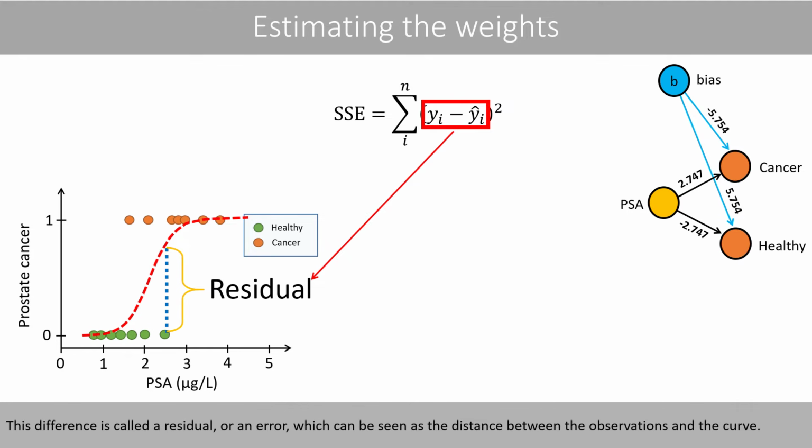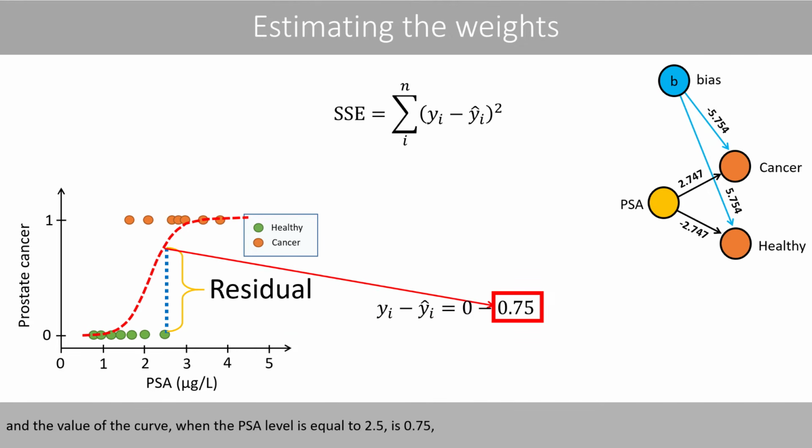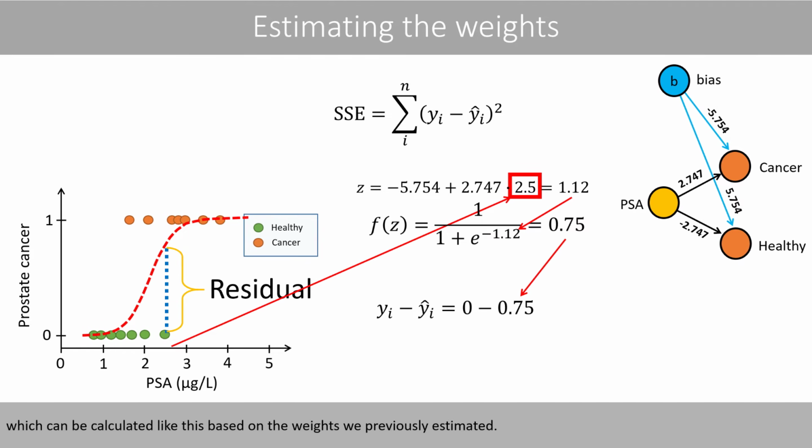This difference is called a residual, or an error, which can be seen as the distance between the observations and the curve. The y value of this data point is 0, and the value of the curve when the PSA level is equal to 2.5 is 0.75, which can be calculated like this based on the weights we previously estimated.